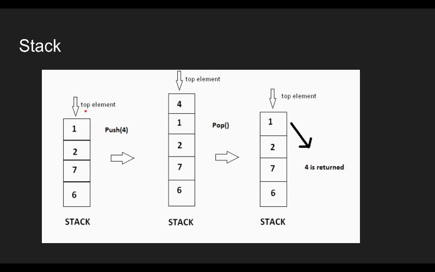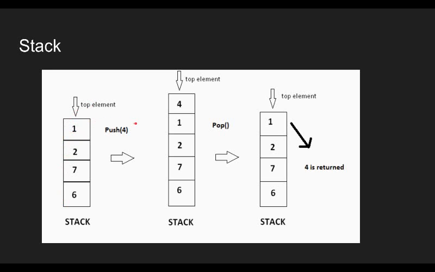The top, as we said, is the index or the location of the topmost element in the stack. Let's start from the first element, which is index number 0, then index number 1, index number 2, then index number 3. So now top is equal to 3.